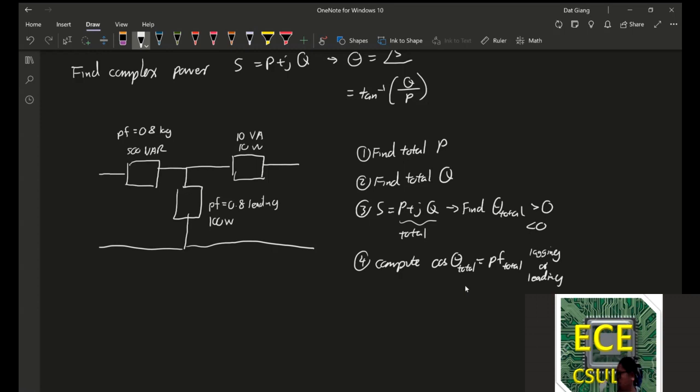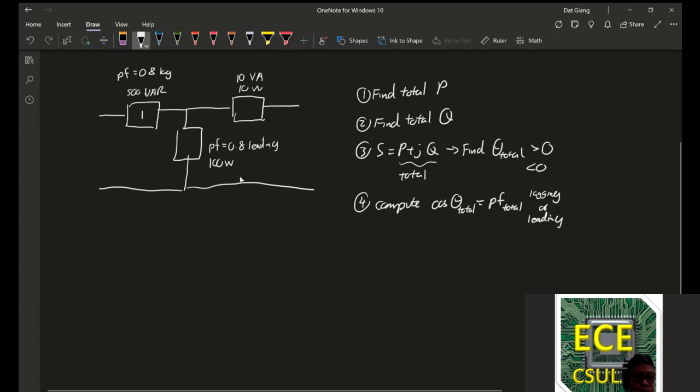Okay, so given all this information, let's do that. So let's call this 1, 2, and 3. For the first case, we have Q equals 500 var, and we're given the power factor as 0.8 lagging.